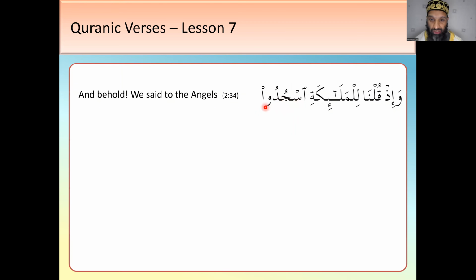And do, that's got plural, right? That's a plural. But this is a command form. It's really usjudu. If you said the word by itself, that would be a dhamma. Usjudu. But what's going on is you're joining it with the previous word as hamzatul wasl. What happens? It becomes disjudu. Disjudu means you all bow. Okay.